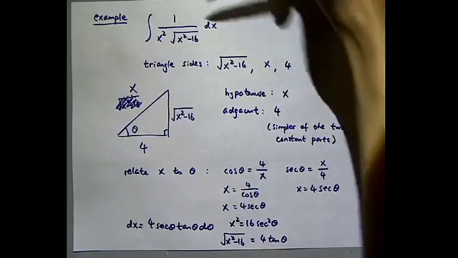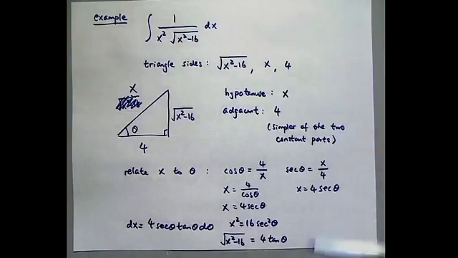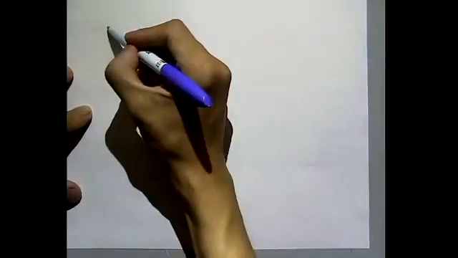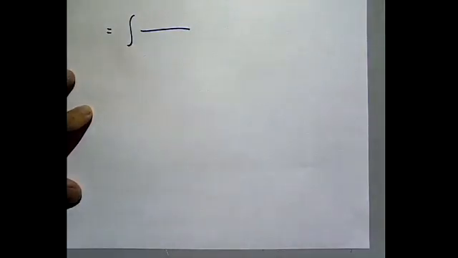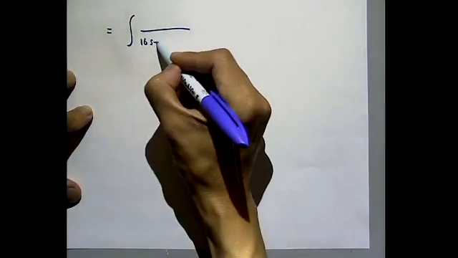Now, every part that we had to get rid of is now in terms of theta. Shove all those in, and hopefully we get something we can integrate. Let's do downstairs first. First we see x squared. That's 16 secant squared.